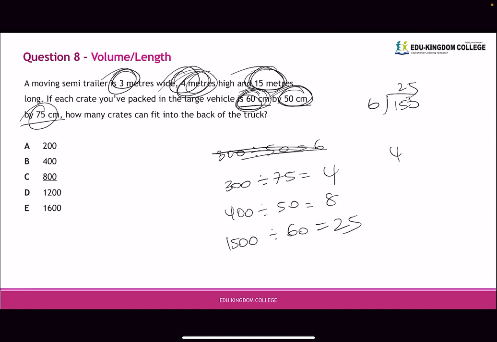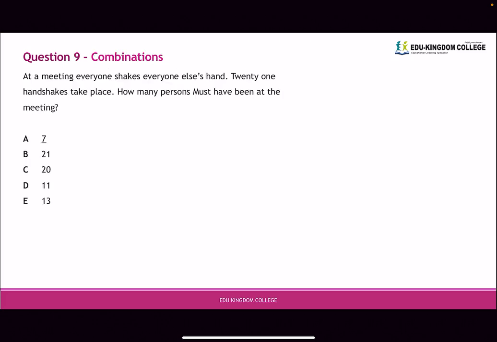So if we do 4 times 8, actually let's do 8 times 25 first. 8 times 25 equals 200, times 4 equals 800. So we want to see how many times each length fits into the other length, and that'll give us a more exact idea of how many times a crate can actually fit into the truck.